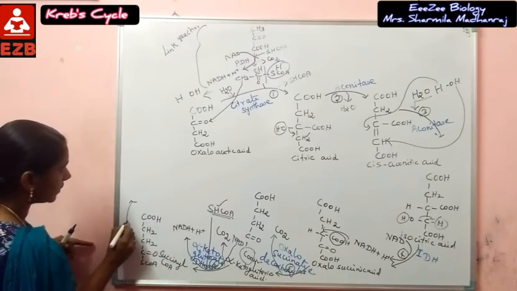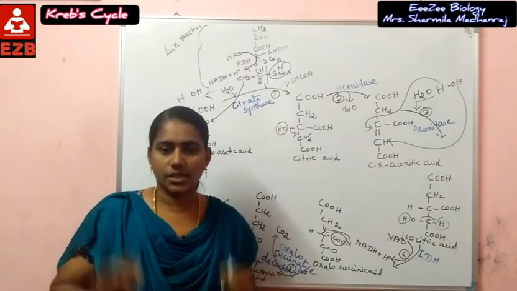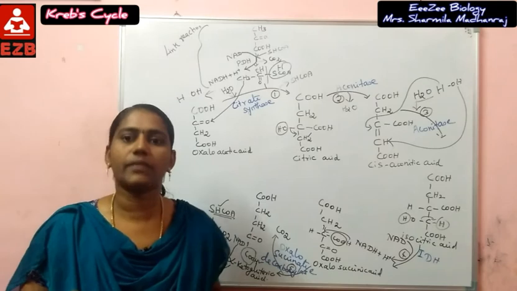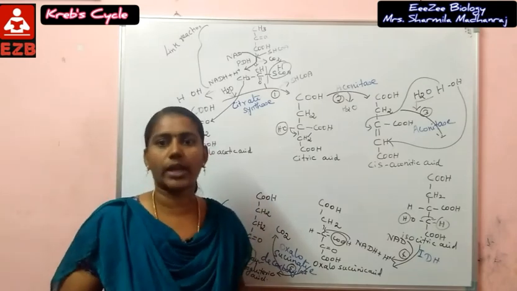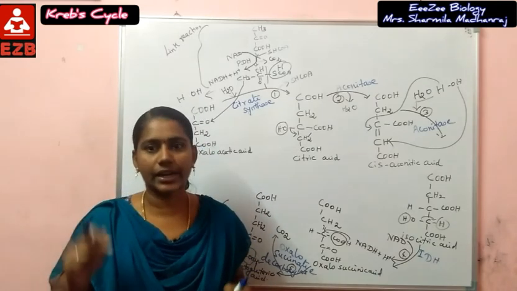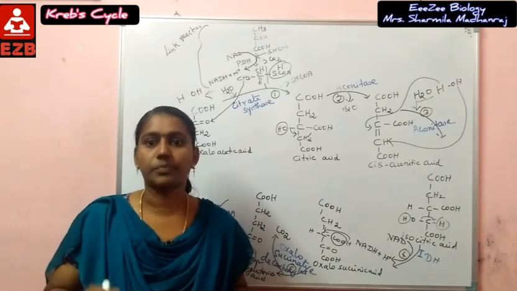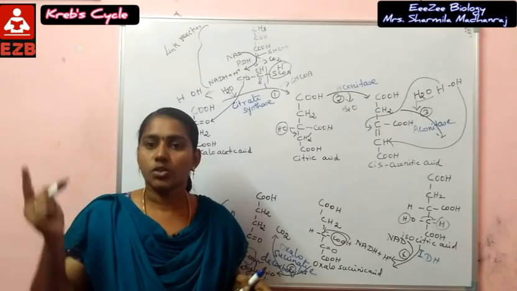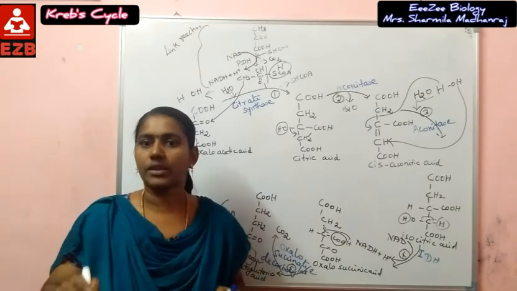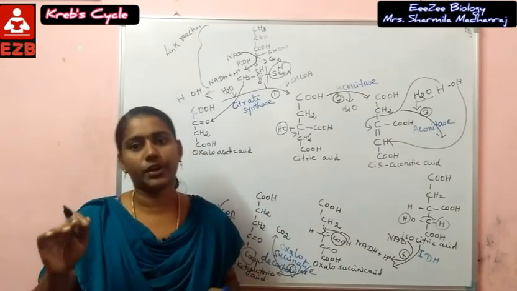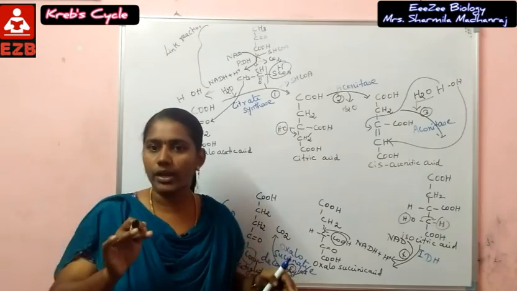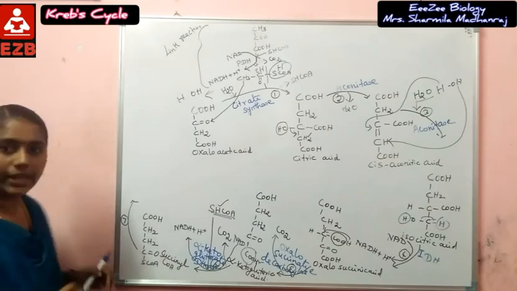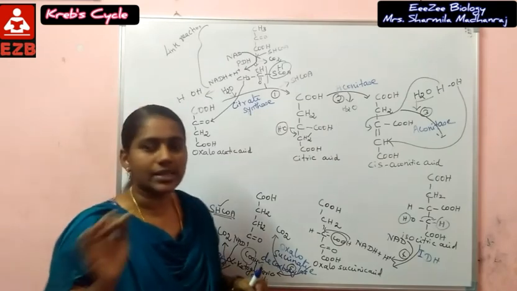Next, seventh step. In the seventh step, succinyl-CoA is converted to succinic acid with the help of the succinyl-CoA synthase enzyme. Here hydration takes place. In this step, GTP is synthesized.